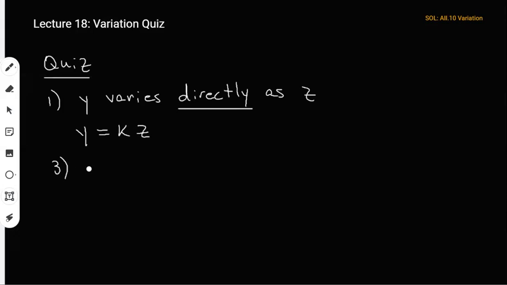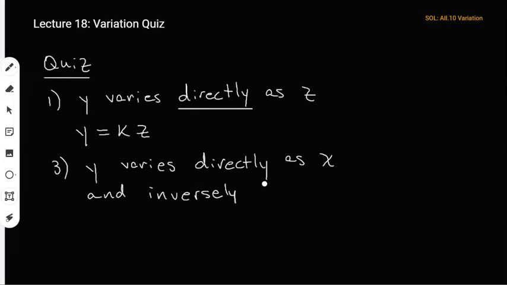For number 3, it tells us y varies directly as x, and inversely as p. I'm going to underline the word directly because that's going to be my direct variation. And I'm going to underline the inversely. That's my inverse variation. So since it says y varies, I need to write y equals.